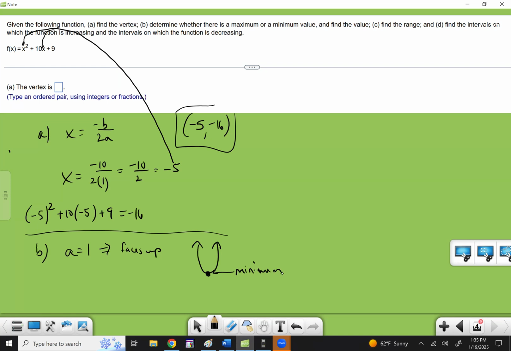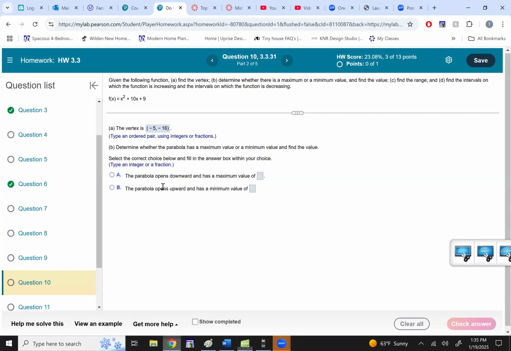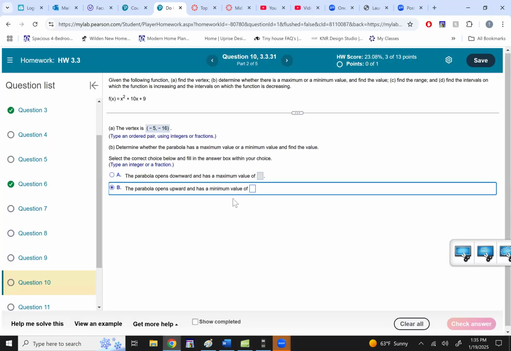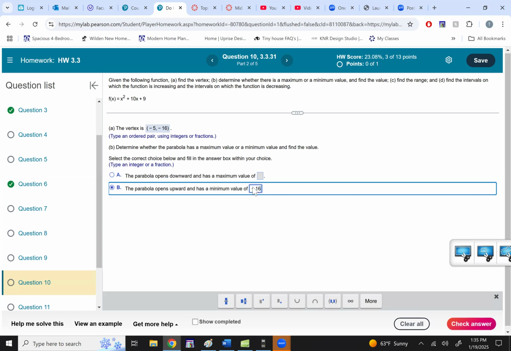And remember, the minimum value is going to be part of the vertex. In our case, if you trace it back, this value is going to be a y value. So that's why we're going to take this negative 16 and type it in. That's going to be our minimum value. The parabola opens upward, so it has a minimum of negative 16.